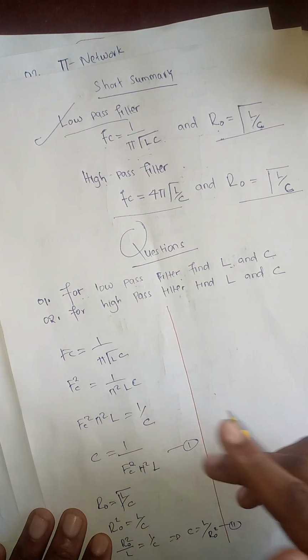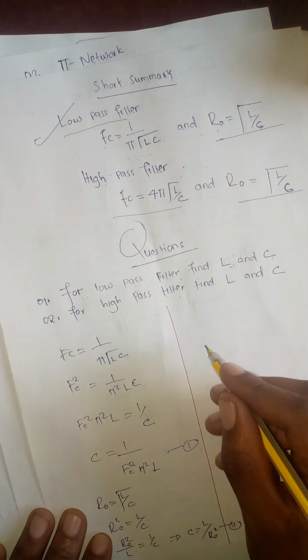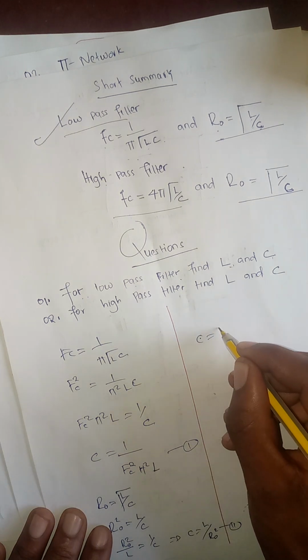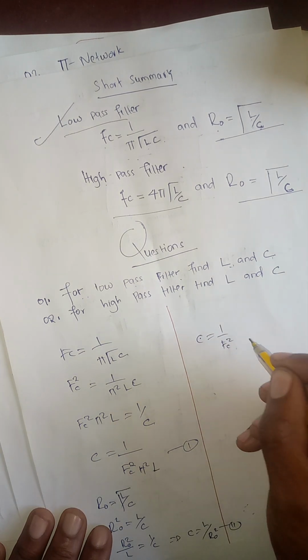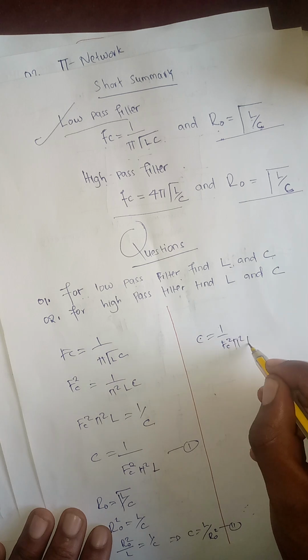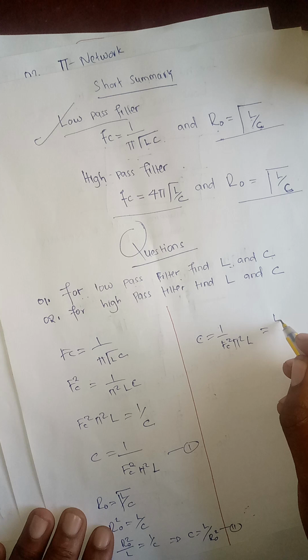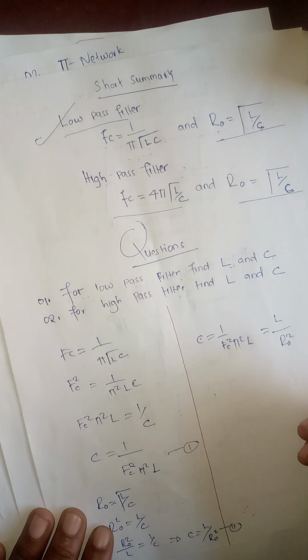You can equate now to obtain L. So that is this one: C is equal to 1 over FC square pi square L, which is equal also to L over R naught square.